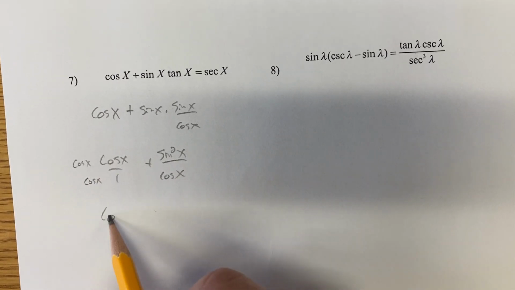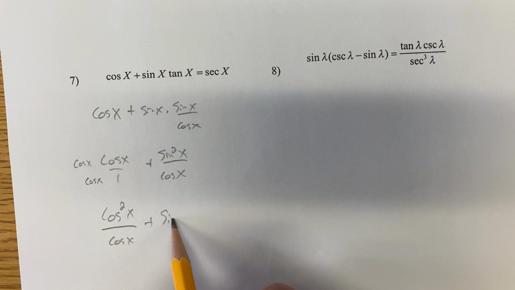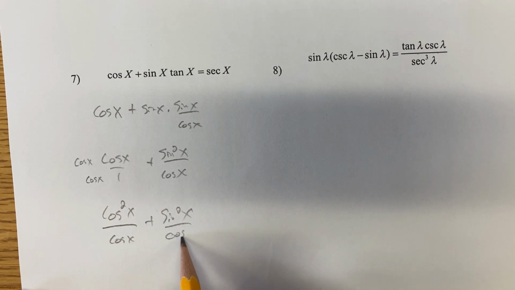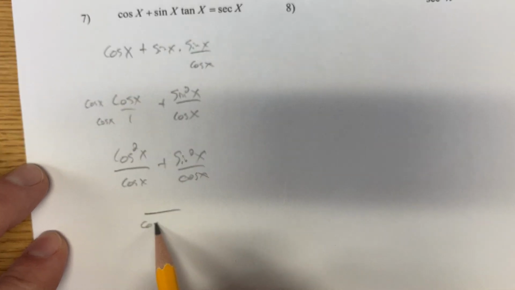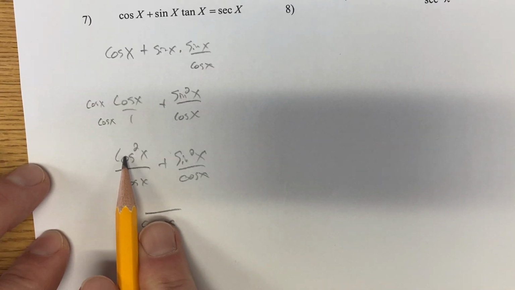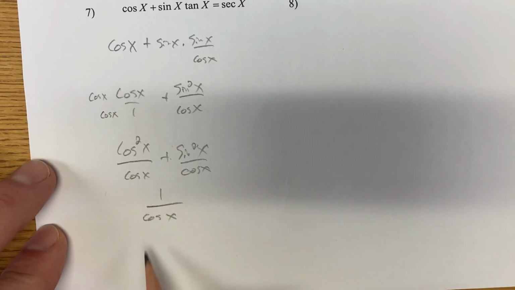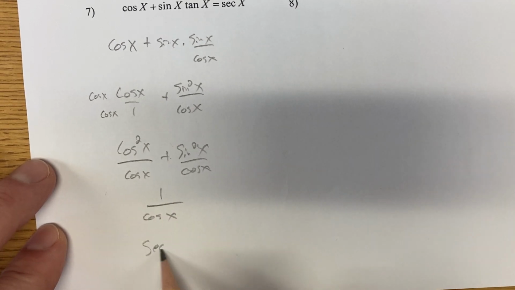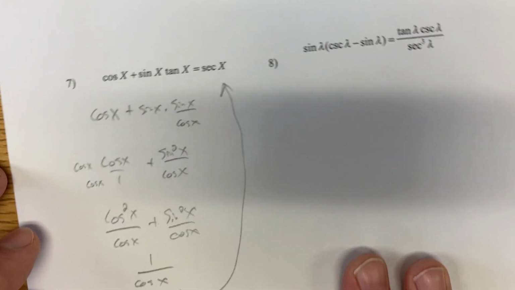That's going to create cosine squared over cosine plus sine squared over cosine. And if we put that together now, we'll have the common denominator cosine x. On the top, we're going to have cosine squared plus sine squared, which we know is equal to 1. 1 over cosine is secant, and that's exactly what we want.